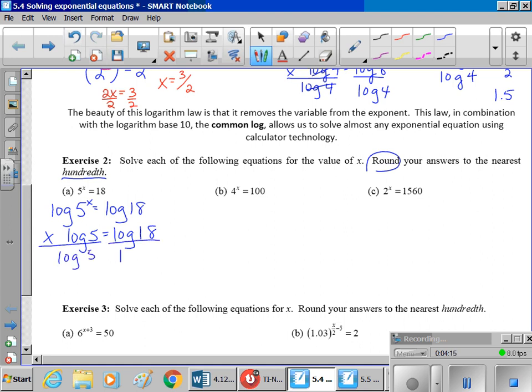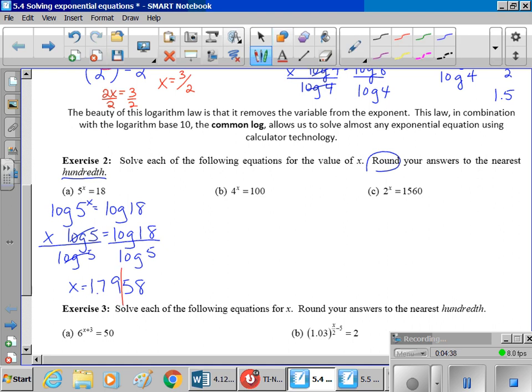Notice how I don't put log 18 and log 5 into my calculator separately, because you get these crazy big numbers. It's so much easier just to do it at the end. So x turns out to be 1.7958. But it says rounded to the nearest hundredth, which means that we're going to cut it here.